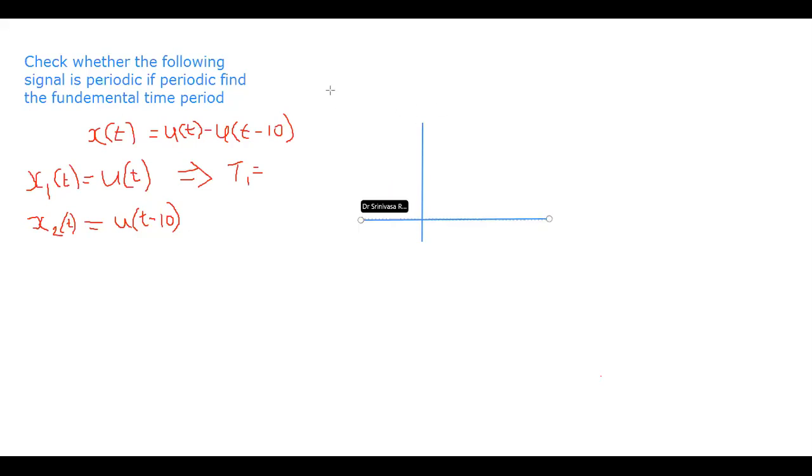This is x1 of t, that is equal to u of t, with magnitude equal to 1, from 0 to infinity. On the x-axis I am considering time, and on the y-axis I am considering u of t.